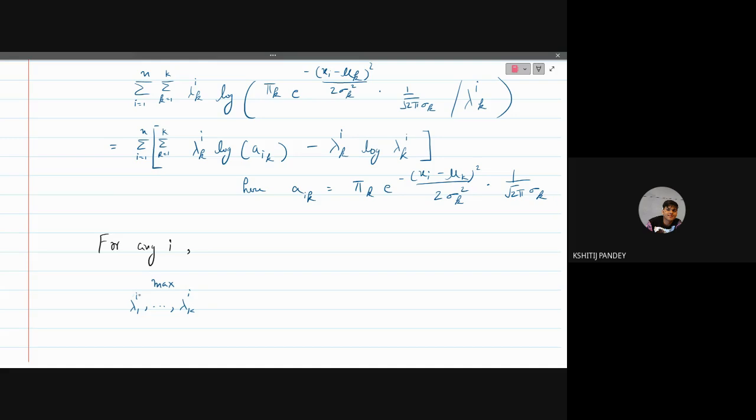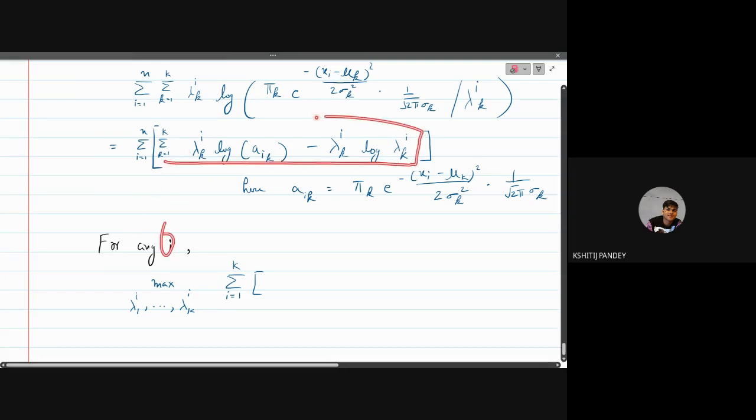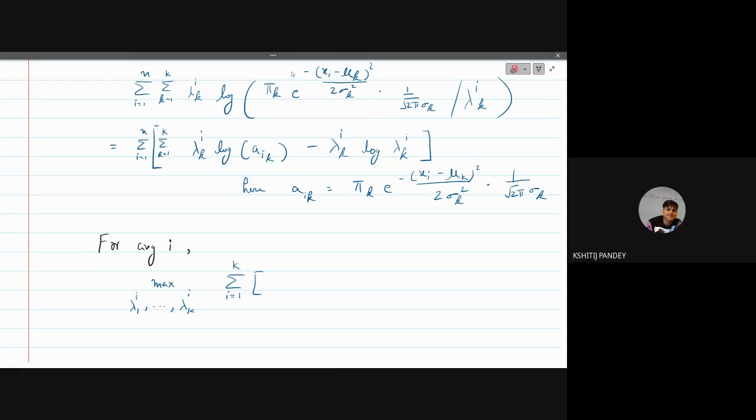These are the values you have to find, the maximizers, and as we are taking a single i, this is the function we are left with: summation from 1 to k of lambda ki log of constants minus lambda ki log lambda ki.